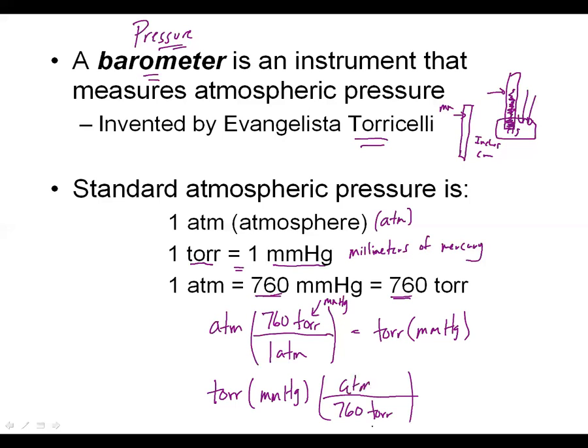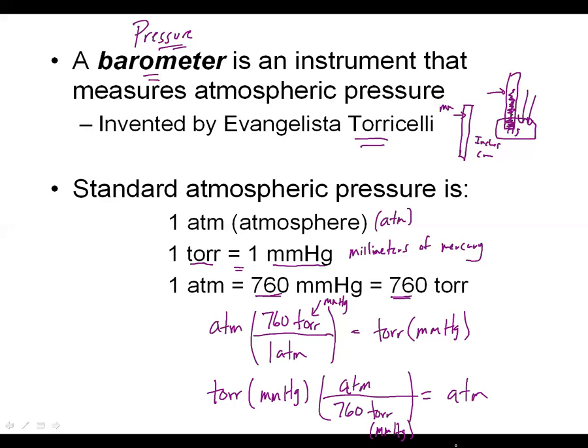So 760 is a really important number to remember. It is your conversion factor to go between millimeters of mercury and torr, and atmospheres, which are the 3 common units of pressure that you'll come across.